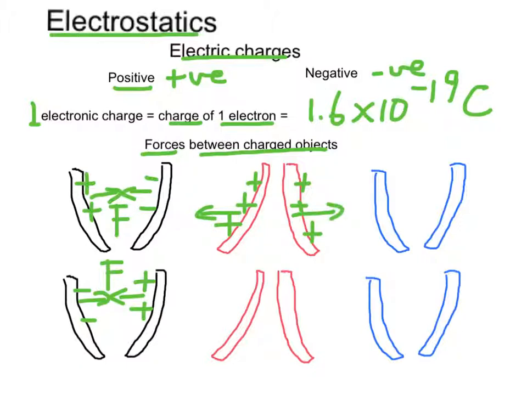The force is repulsive. Therefore, we say like charges repel and unlike charges attract. However, if one body is charged and the other body is neutral, then the force is still attractive.